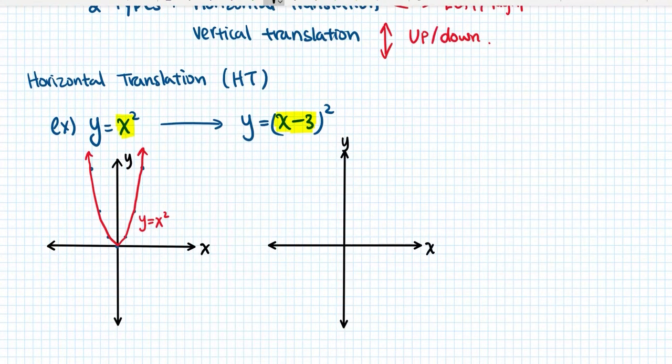And if we draw the graph for y equals x minus 3 squared, using the vertex of this quadratic function, the vertex is going to be 3 and 0. So this will be the vertex of the second function, and the shape will be the same, just the location of the vertex is changed.